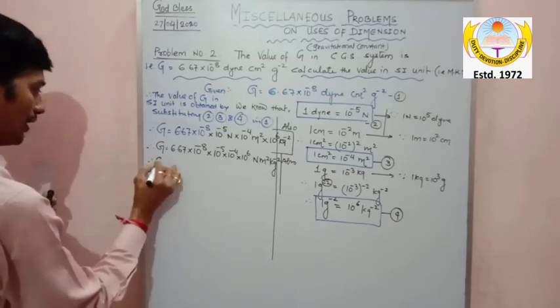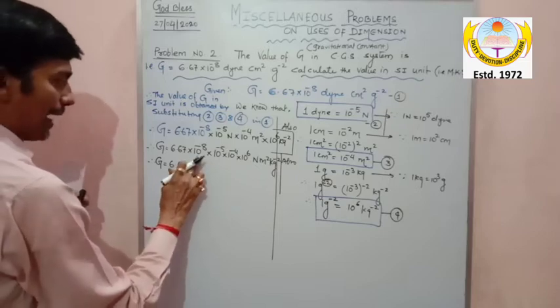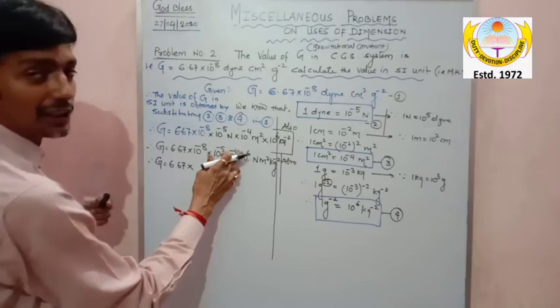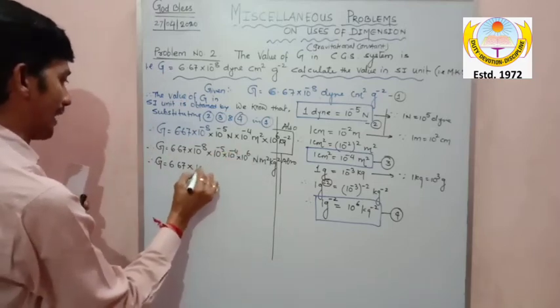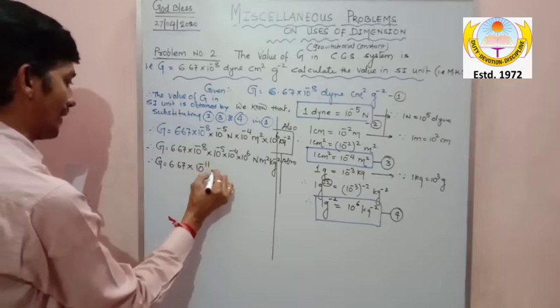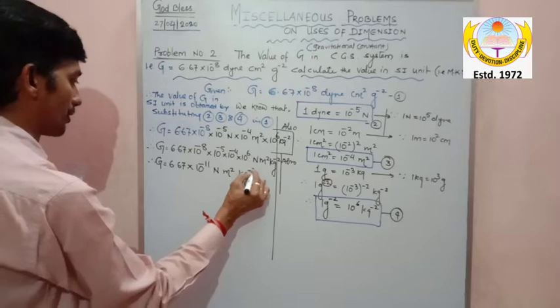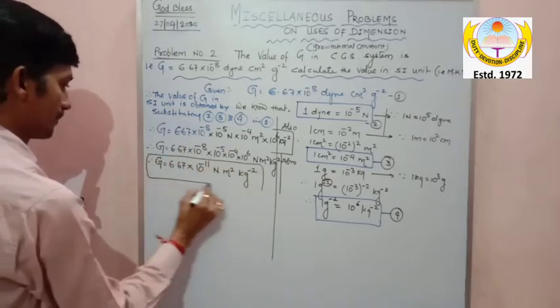Now therefore G is equal to 6.67 into 10 power minus 8 and minus 5, minus 13 and minus 4, minus 17 plus 6, 10 power minus 11 Newton meter square kg power minus 2.